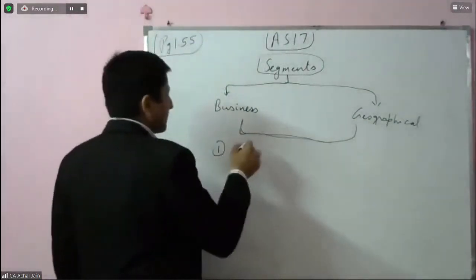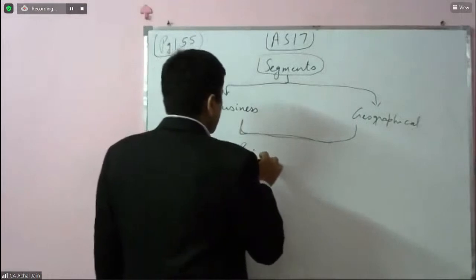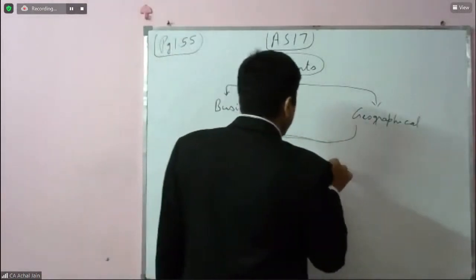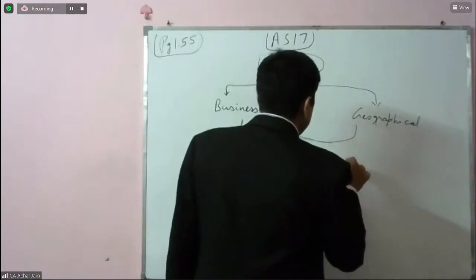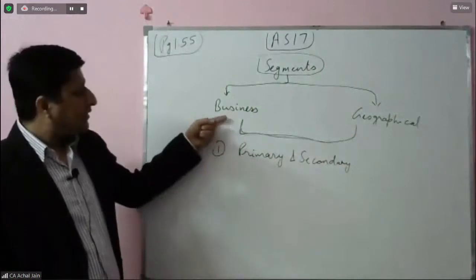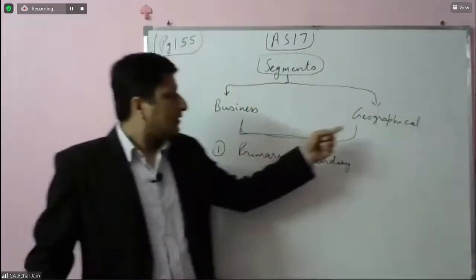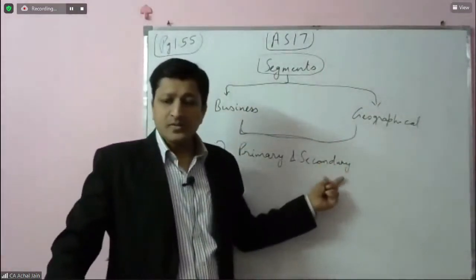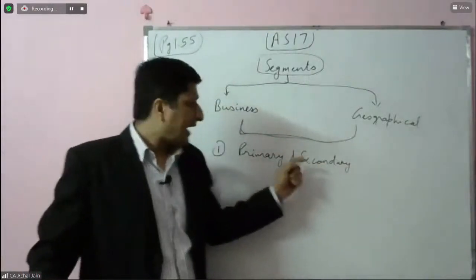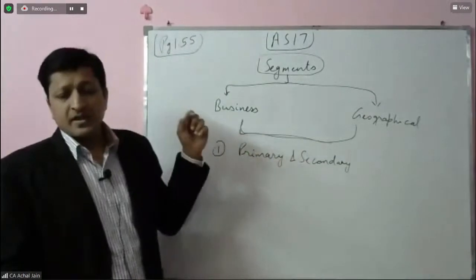First, their bifurcation into primary and secondary. As I told you, only business segment can become primary and only geographical segment can become secondary, or only geographical segment can become primary and only business segment can become secondary.